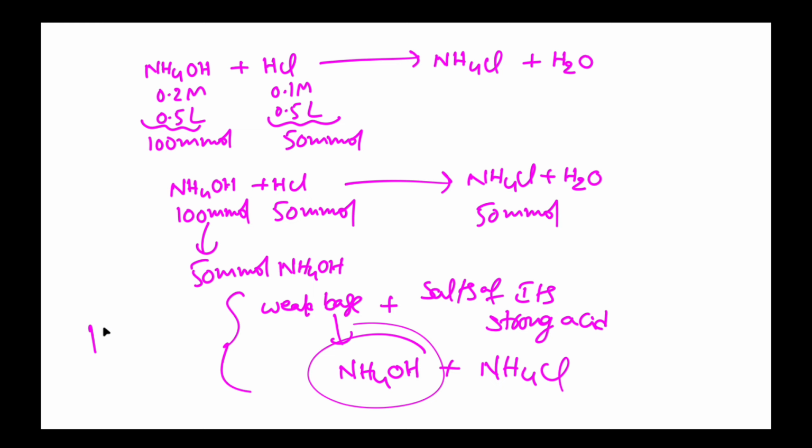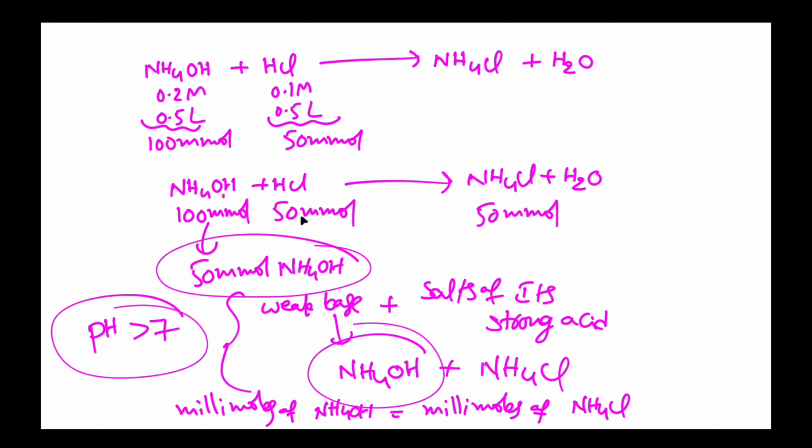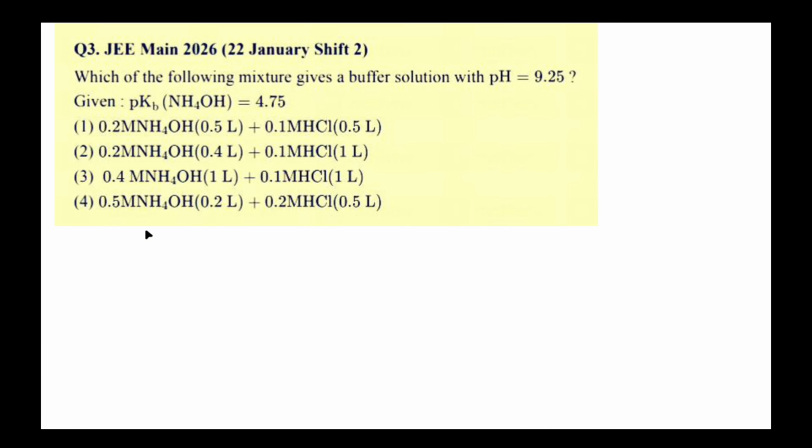That's why the basic buffer solution pH value is greater than 7, due to the presence of some amount of base. So after completion of this reaction, we have 50 millimoles of NH4OH remaining. So millimoles of NH4OH is equal to millimoles of NH4Cl. So the first option is the correct one. In the given options, the first option is the basic buffer solution.